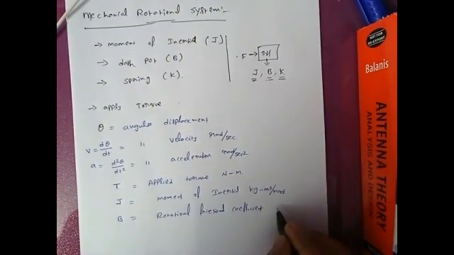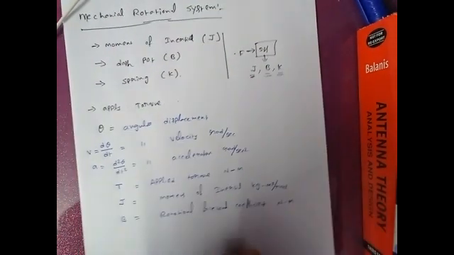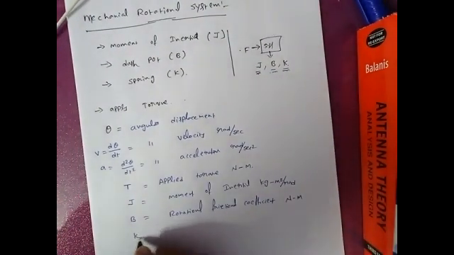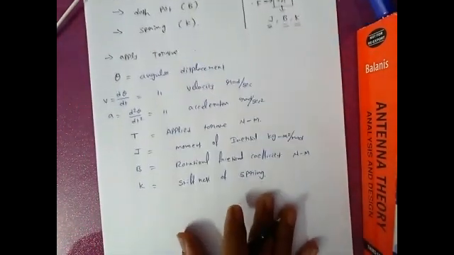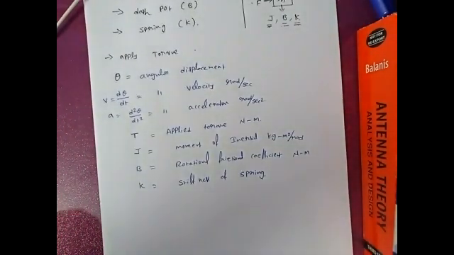The unit for this is Newton meter per radian per second. Finally, K defines the stiffness of the spring.